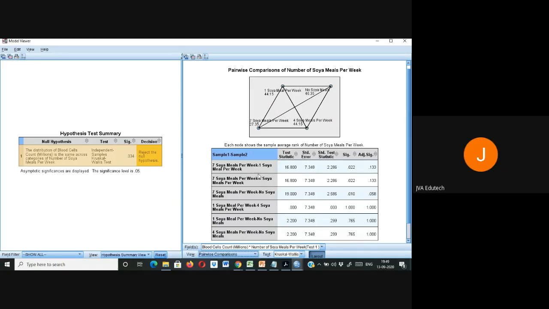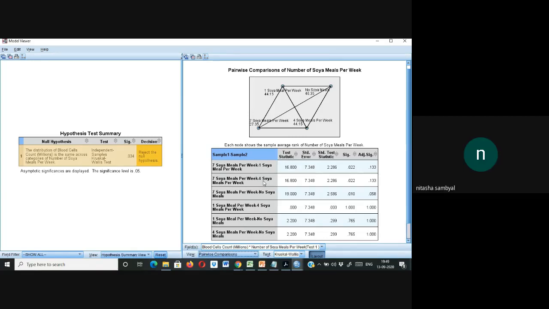Then again, if you see the second case, if you compare 7 soya meals per week with 4 soya meals, again the same value you are getting in the test statistic. So there will be a difference between the 7 soya meals and 1 soya meal per week. However, adding 4 soya meals per week will not differ significantly from this group. Okay.